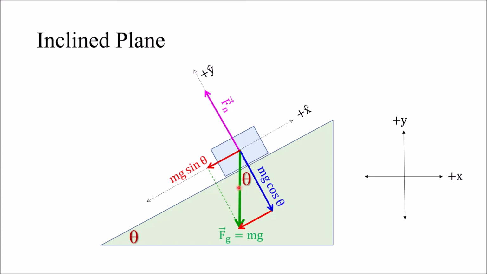And so we basically understand now that the y dimension doesn't really matter because the net force is going to be 0 in that dimension. And so the only thing that we really care about is this mg sine theta down the ramp. And so for this situation, we have a net force of negative mg sine theta, and that just indicates that it's down the ramp, comma 0, indicating that there's no other net force in the y or z dimension. All right.